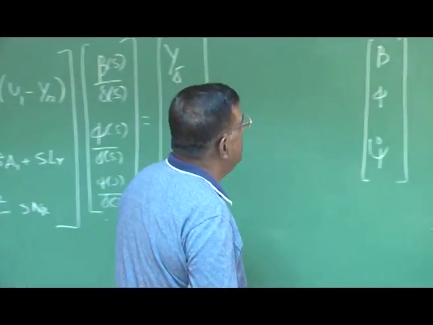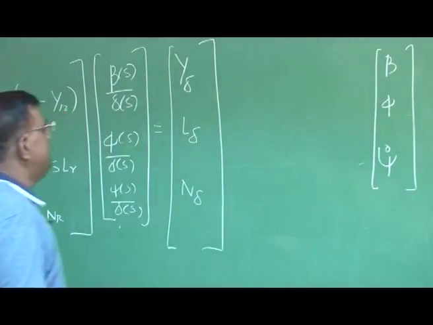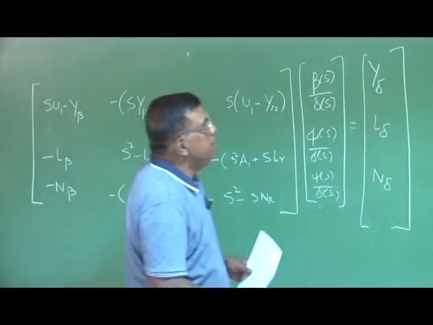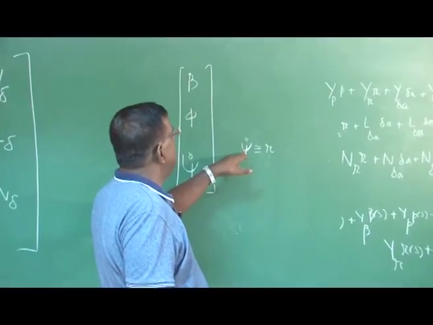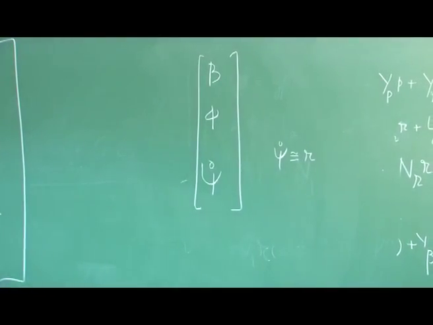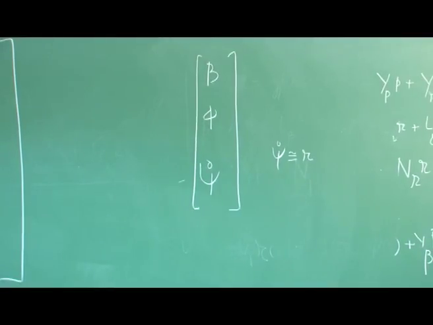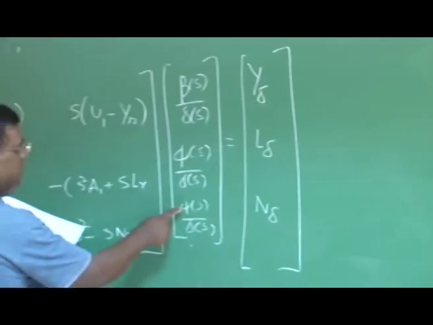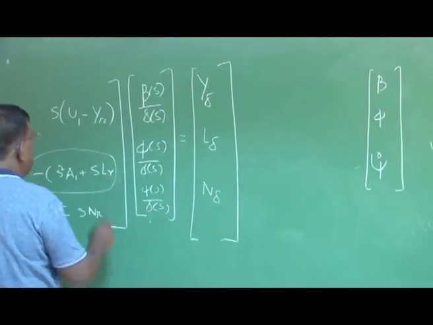So what we can do, if we want to write the same equation using psi dot, what will be the change? You could see for R, we have used psi dot. Now psi dot is a motion variable, so the only change you will get is wherever this is coming here, if this is psi dot, then this term will have one S less.